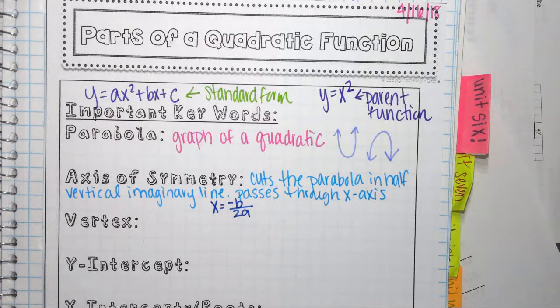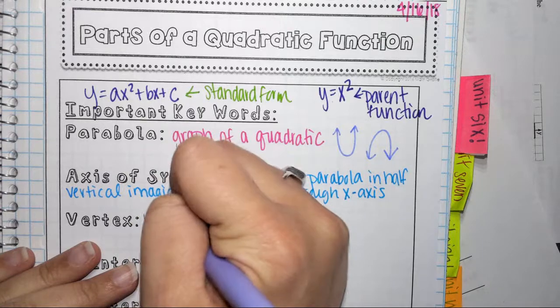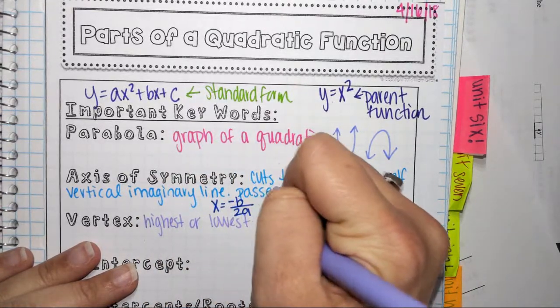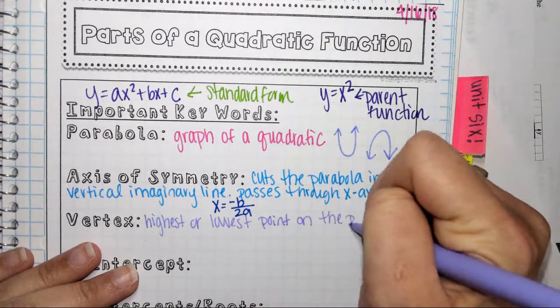Super fun. Now, what is the vertex? Highest or lowest point. Take a point. All right. Highest or lowest point on the parabola.